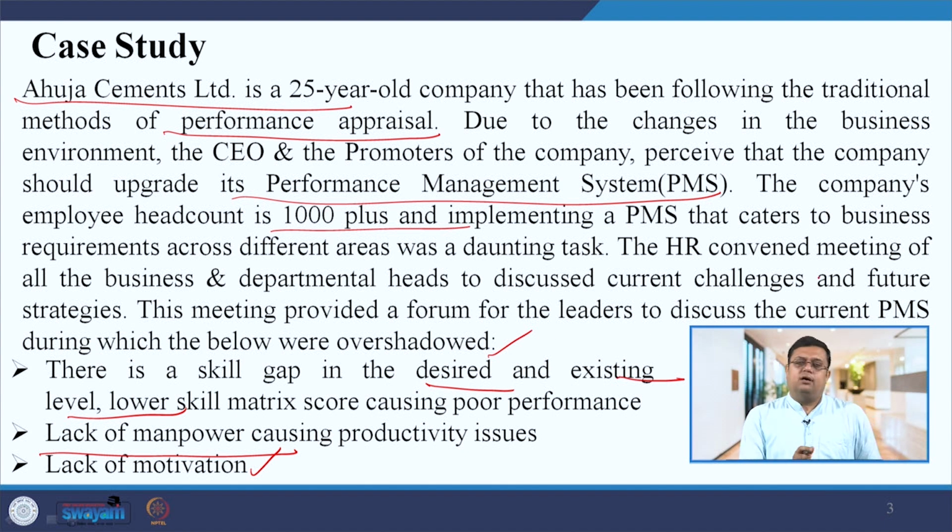If you remember, I had made such a matrix already in performance analytics and training and development analytics. You can go through those sessions and understand how to convert these problems into variables. The moment you have converted them into variables, visualize which type of graph you are going to make for which variable, so that the manager will be able to understand all these problems through those charts, right.